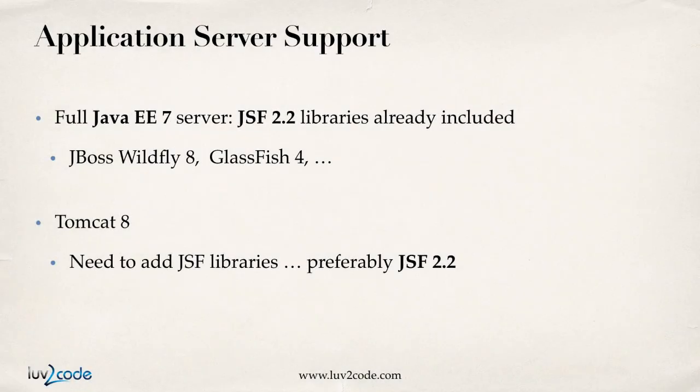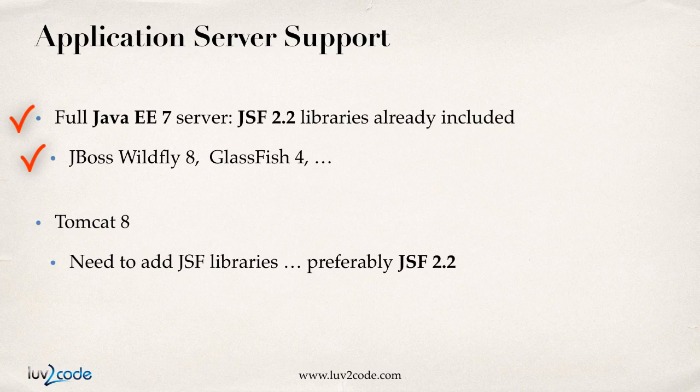In terms of application server support, if you make use of a full Java EE 7 server, then the JSF 2.2 libraries are already included. When I say a Java EE 7 server, some examples include JBoss WildFly 8, GlassFish 4, and so on. So for your given app server, you want to make sure that it supports Java EE 7 or higher.